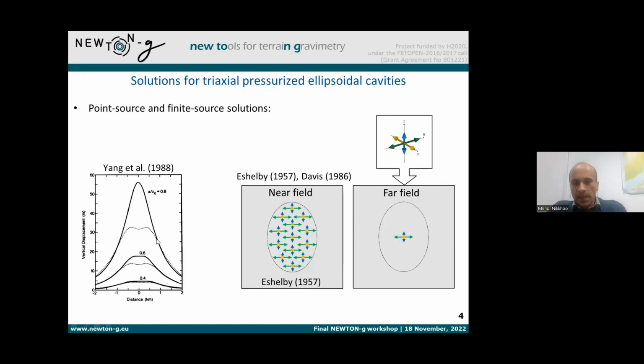And again, in this case, you see a comparison between a point source and a finite source solution, and you see that for shallow sources, the difference can be quite significant. So we decided to use a distribution like the one represented in the middle to develop a solution for finite sources.